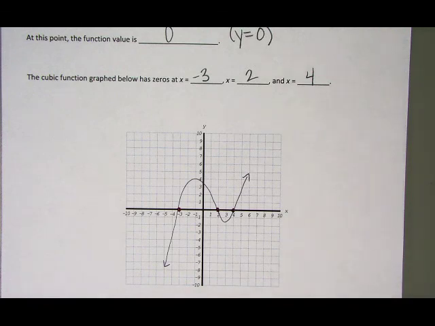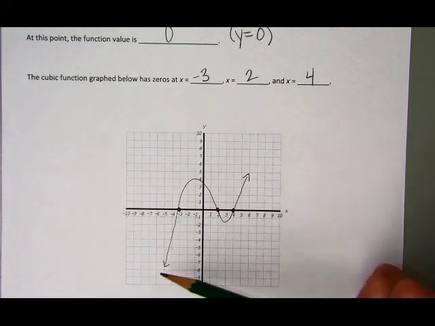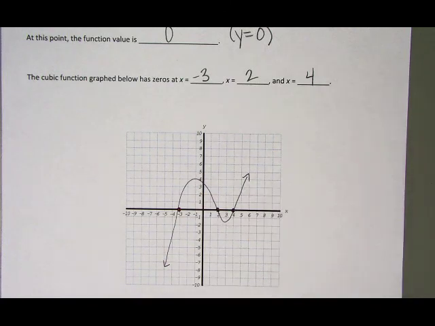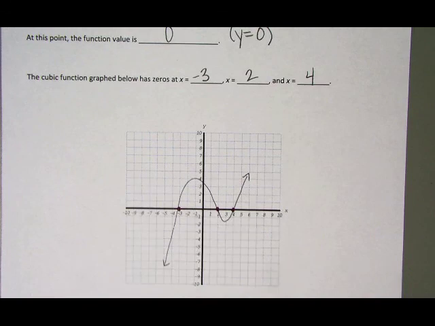If that's the case, we want to come up with a polynomial function that represents this graph. There can be several or infinitely many polynomial functions that can go through these 3 particular points, but the idea is we just want to come up with one possible answer. One possible polynomial where the 3 zeros can be found.